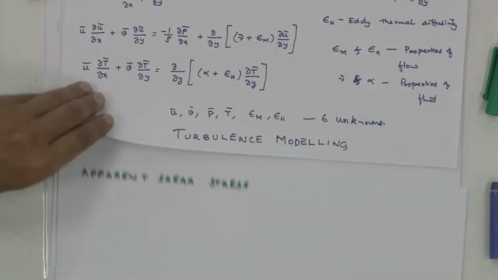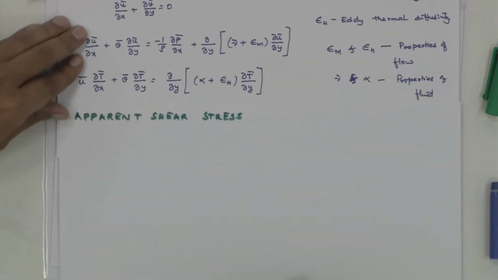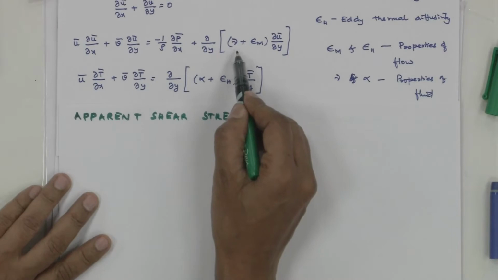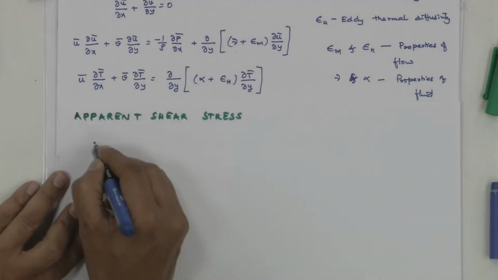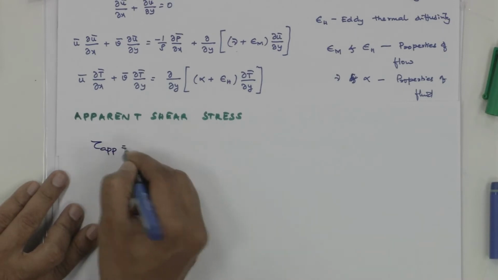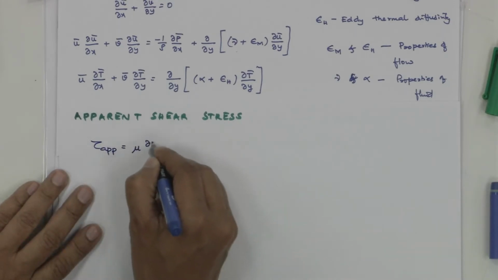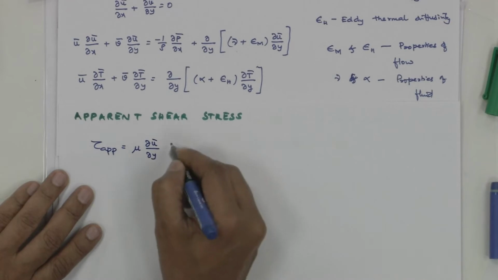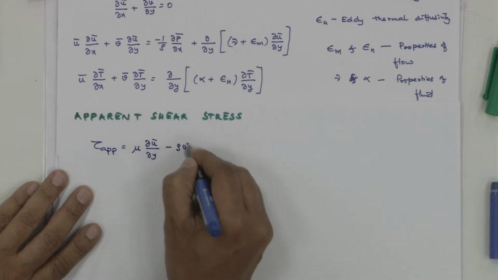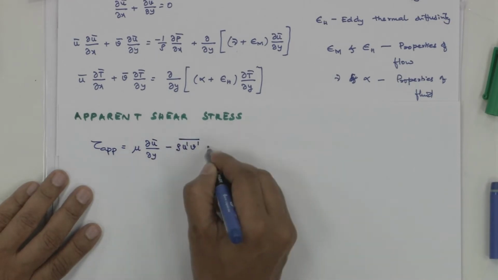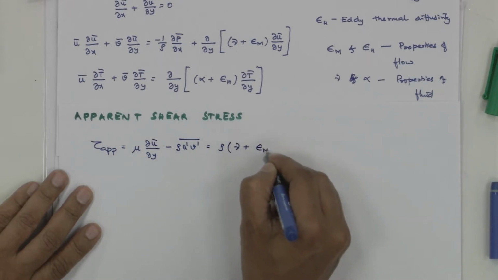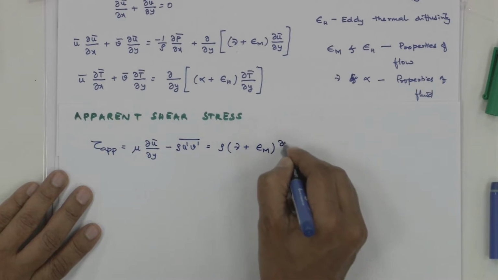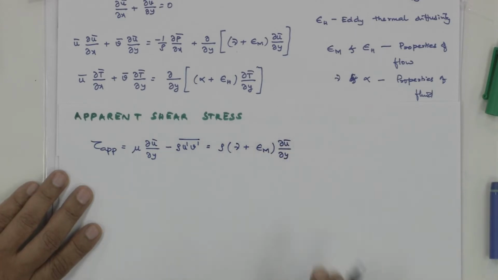If you see these equations, it is just the combination of both viscous and turbulent shear stress, that is, tau apparent is equal to mu del u bar by del y minus rho u prime v prime bar, which is equal to rho nu plus epsilon m into del u bar by del y.